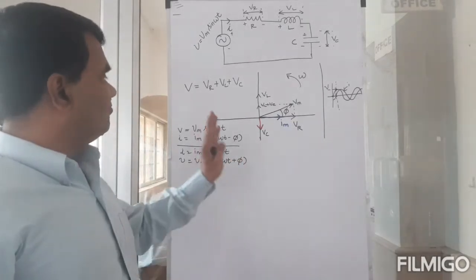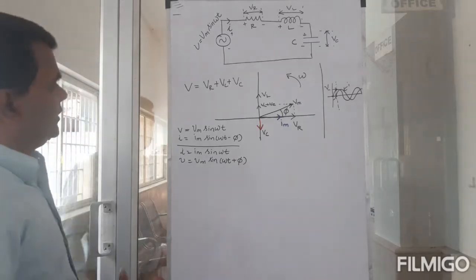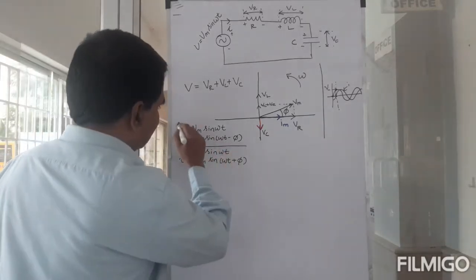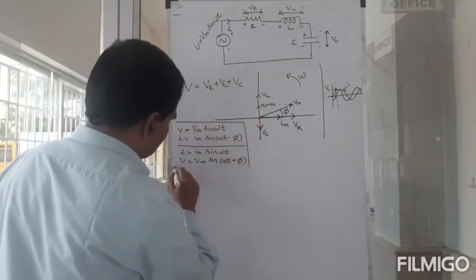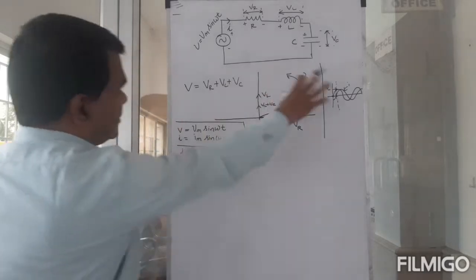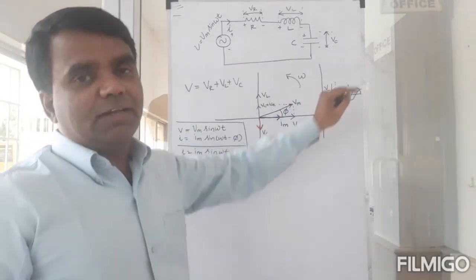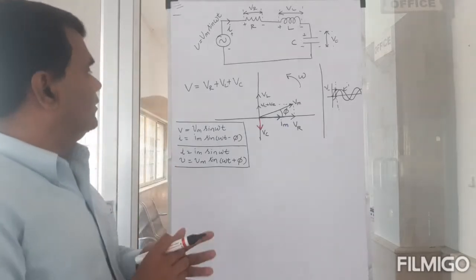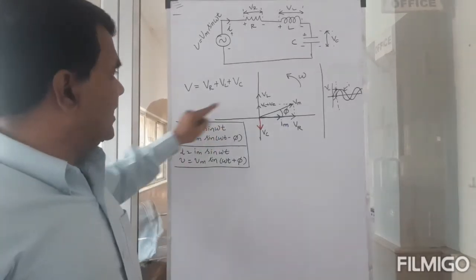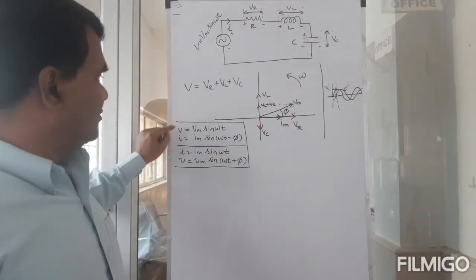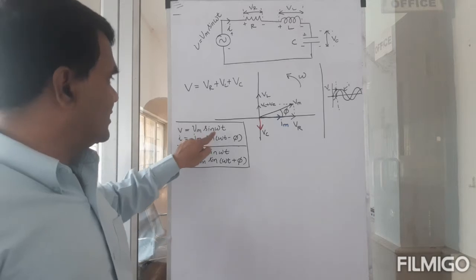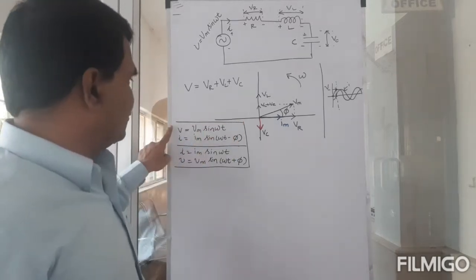Okay. So I can say this either way. That is what I'm trying to tell you. Both refer to the same graph. In the first one, I have taken the voltage as a reference, because the time I have chosen to be 0 is the time at which V will be 0.